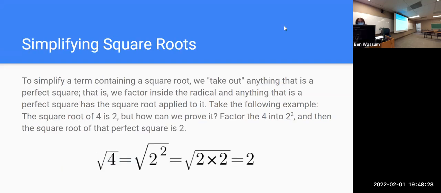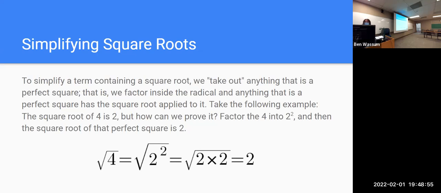So this is a basic look at simplifying a square root. It's a couple of different ways you can look at it. So if you're simplifying a term that contains a square root, what you do is you take out anything that's a perfect square. So what you're actually doing, you factor the inside of the radical. So you look at that 4 and you say, oh, well, 4, its prime factorization as an exponent would be 2 squared, right?